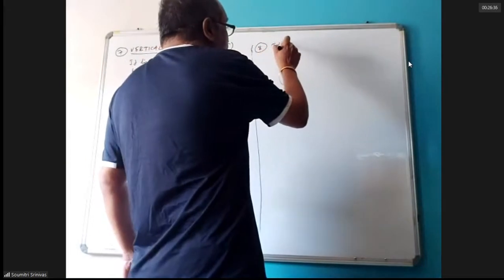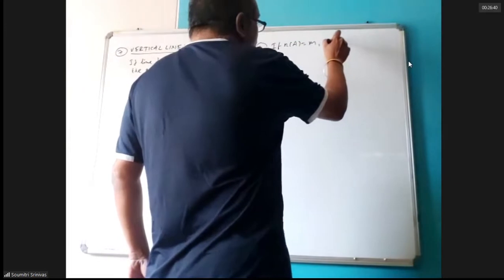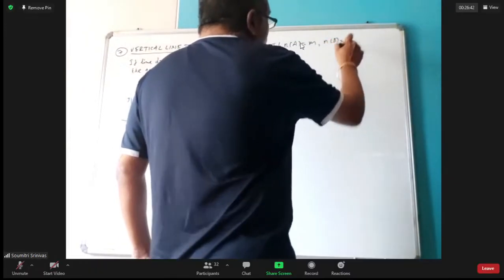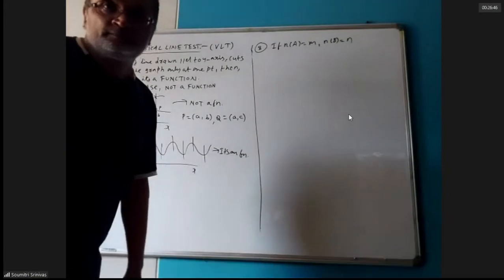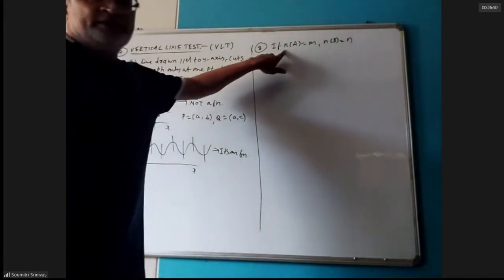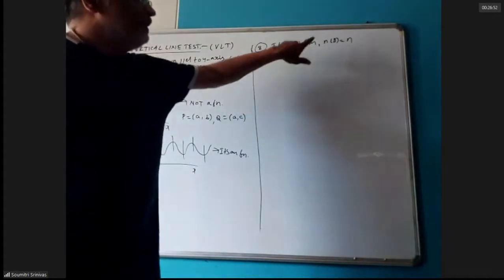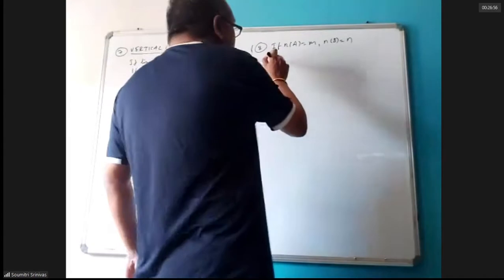If n of A is equal to m, n of B is equal to n. What do you mean by this? Number of elements in set A are m, number of elements in set B are n.